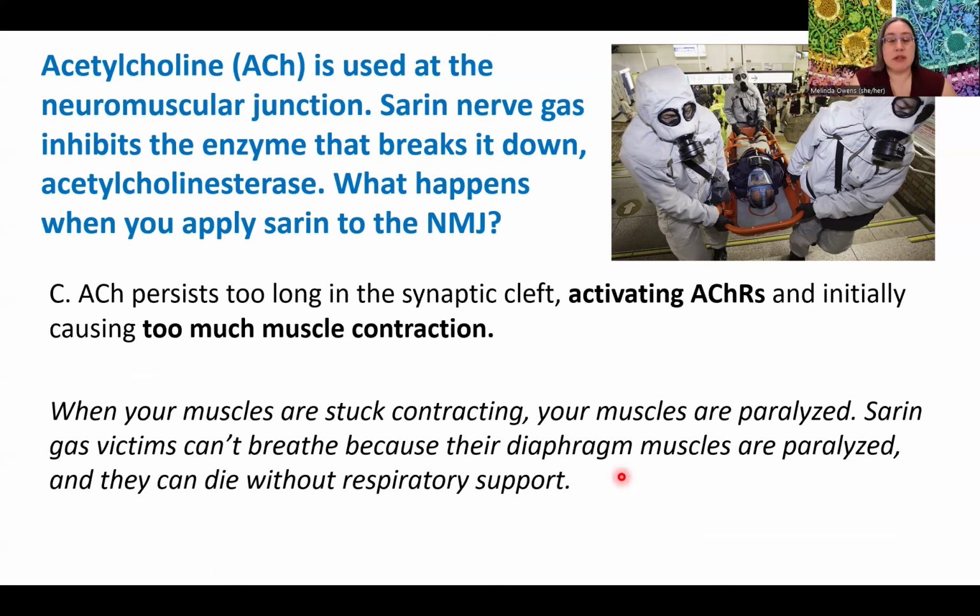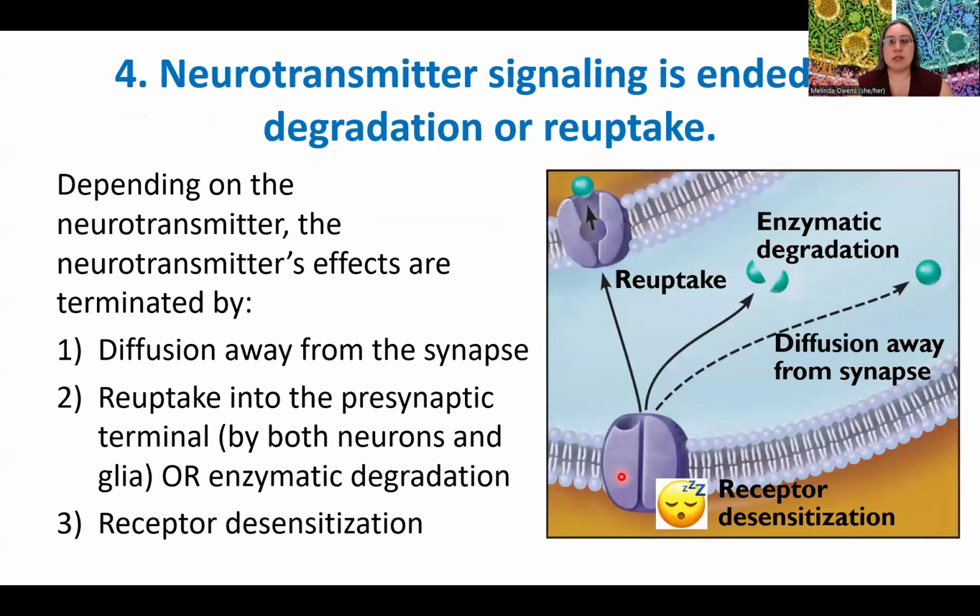We know this from neurons as well. When neurons don't signal, that can cause problems. They're not active enough, or when they're too active, it can cause maladies like epilepsy. So you need the neurotransmitter there, but you also need to remove it from the synaptic cleft or change your response to it appropriately so that you don't have too much signaling.